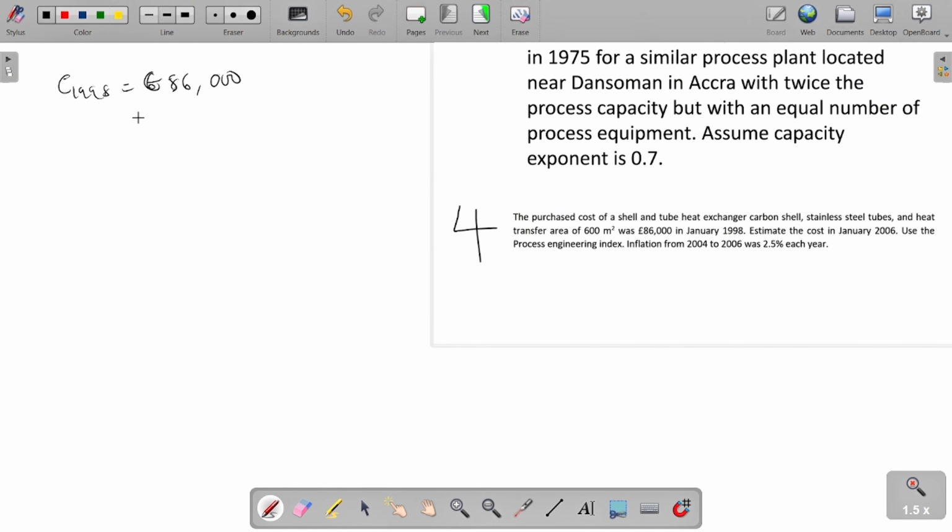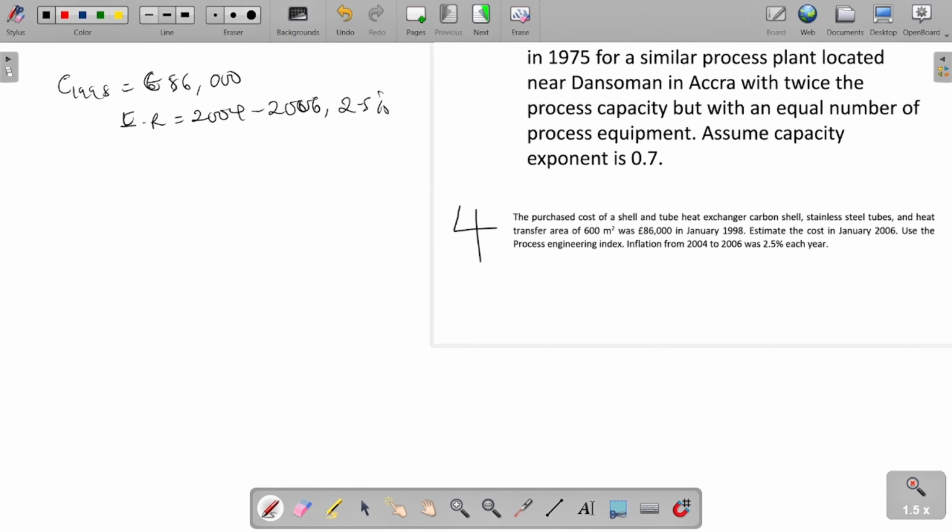Use the process engineering index, and they give us the inflation. The inflation from 2004 to 2006 is 2.5% each year. So from 2004 to 2005 is 2.5%, and 2006 is also 2.5%, right? Let's see.